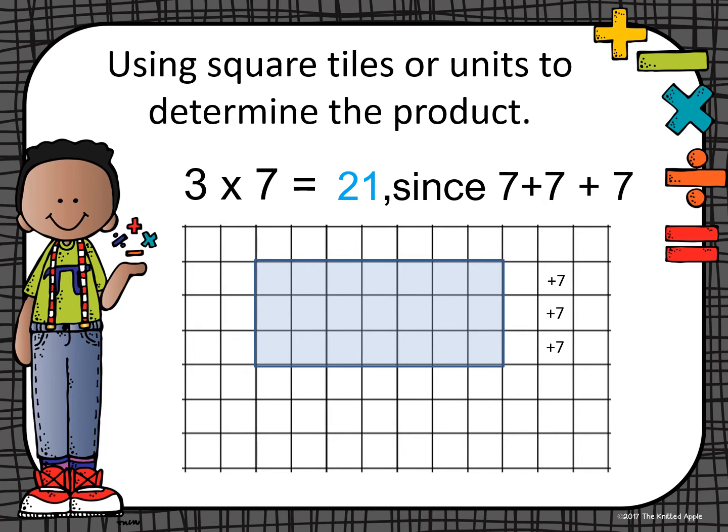Now we could go and count each square to determine our product, but it's so much easier if we were able to count by 7s or count 7 groups of 3. Remember, you can always switch your factors to find a product. That is the order property of multiplication.